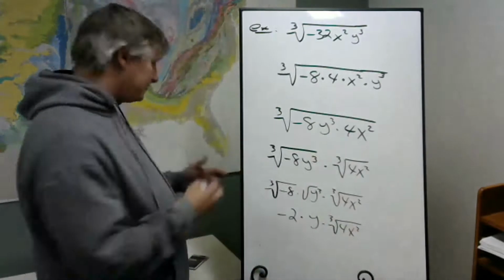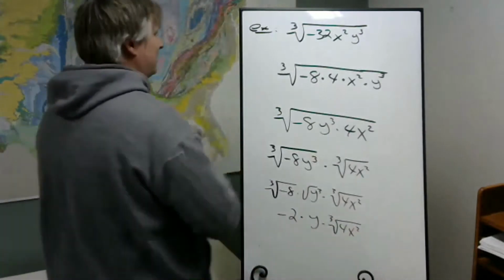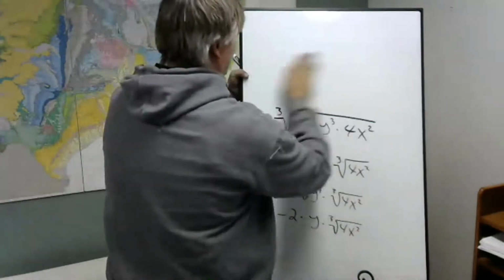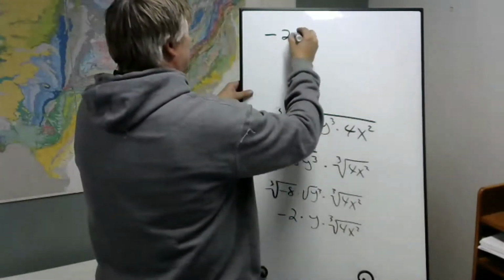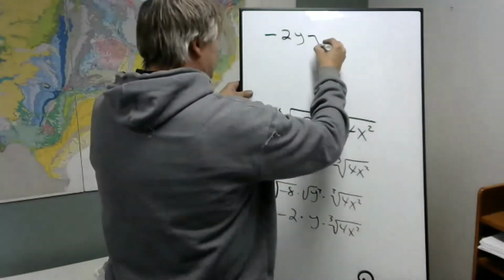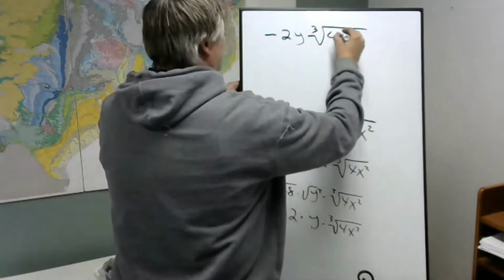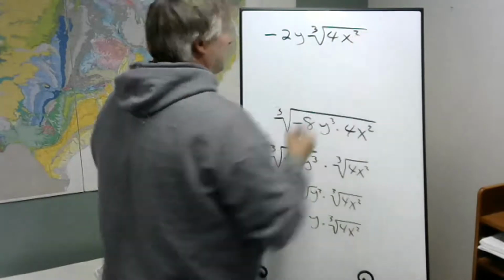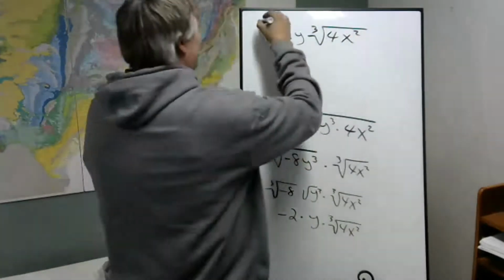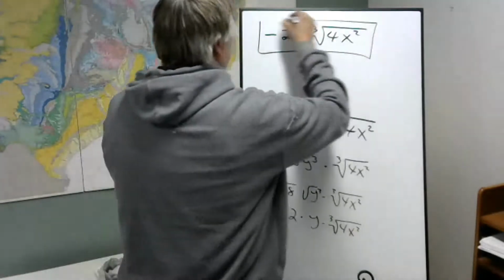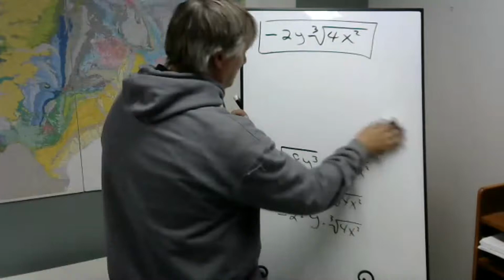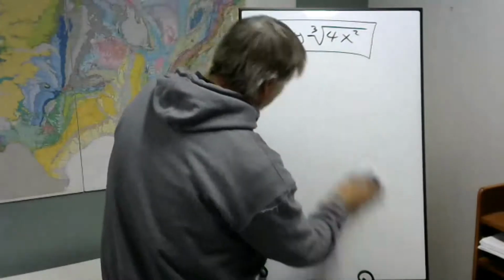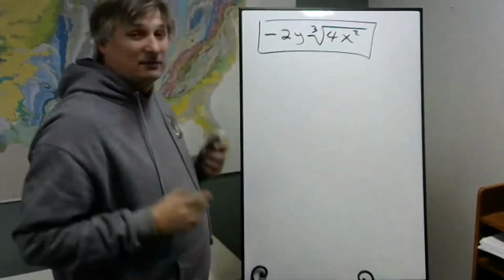So for our final answer, we'll get negative 2y times the cube root of 4x squared. All right.